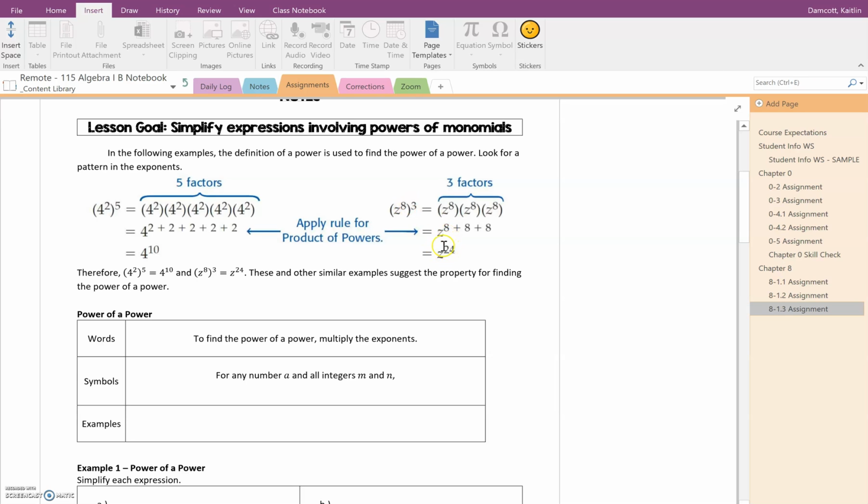Yesterday, when we multiplied our powers, we added the exponents. Now we are raising a power to a power, so we are going to multiply the exponents. To find the power of a power, multiply the exponents.